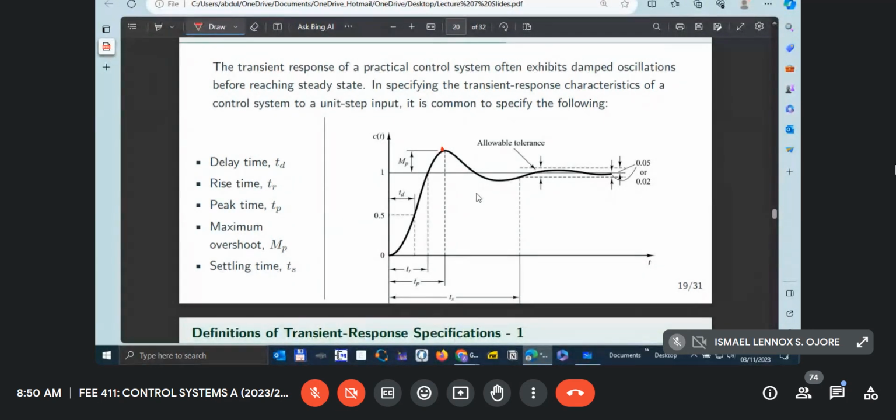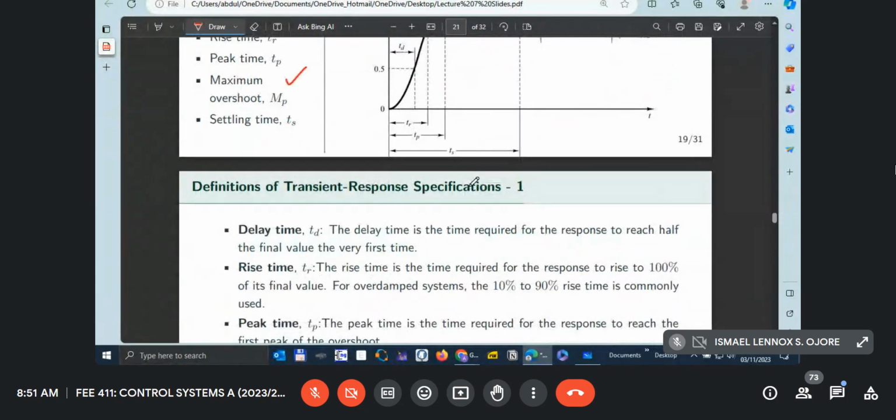The value from here to our desired output or our input is what we call maximum overshoot, right? Delay time, rise time, peak time, and settling time: the definitions are the same as what we have discussed in first order systems. So let's move ahead.